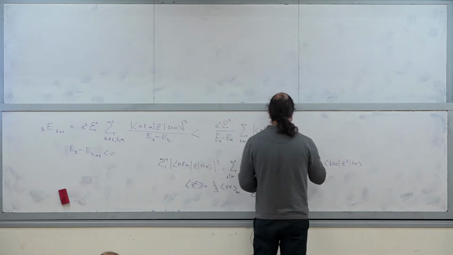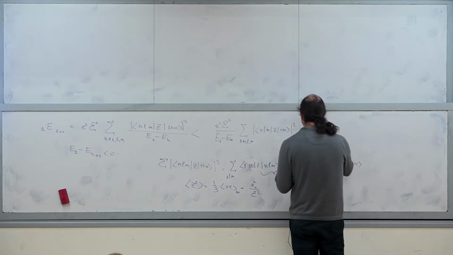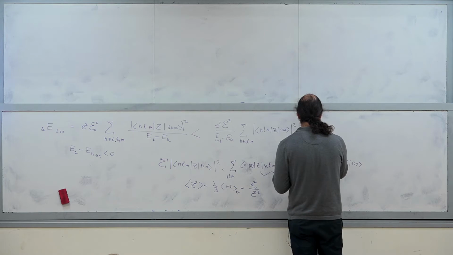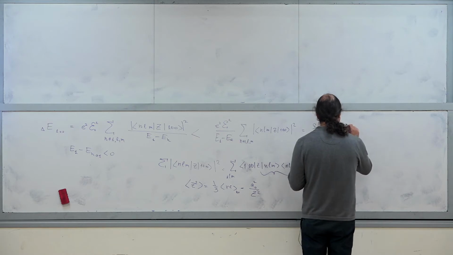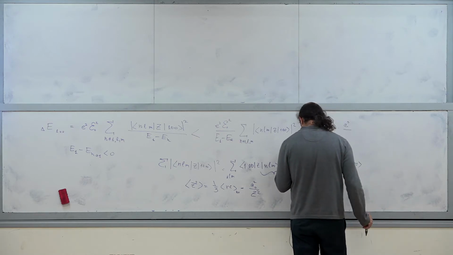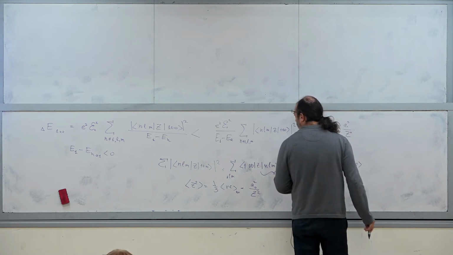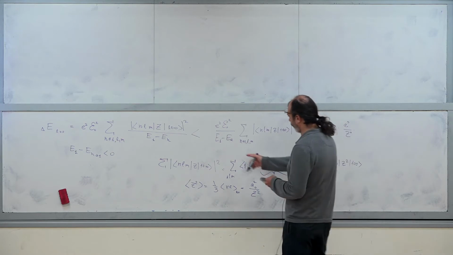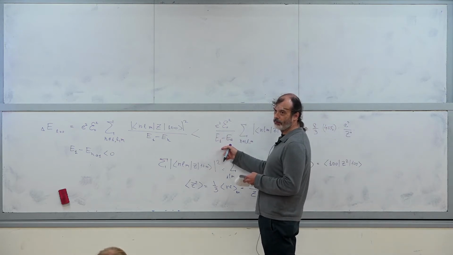Therefore, we can say that this is equal to 8 divided by 3 multiplied by 4 pi epsilon 0 multiplied by a0 to the 3rd power divided by Z to the 4th power, multiplied by, so I'm of course taking into account the difference between E1 and E2.